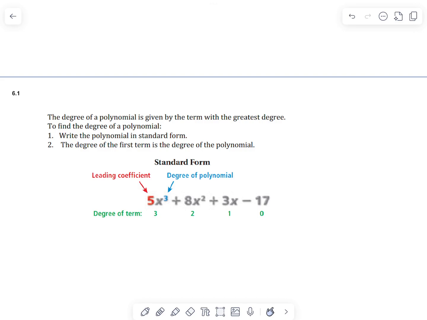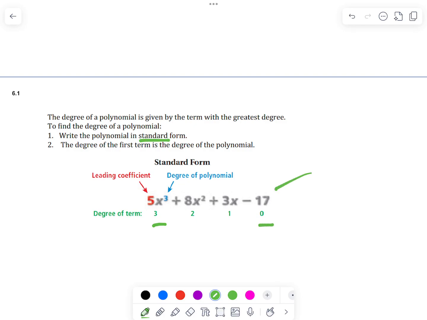The degree of a polynomial is given by the term with the greatest degree. To find the degree of a polynomial, you want to make sure you write it in standard form. So standard form means you have your highest degree term to your lowest degree term.